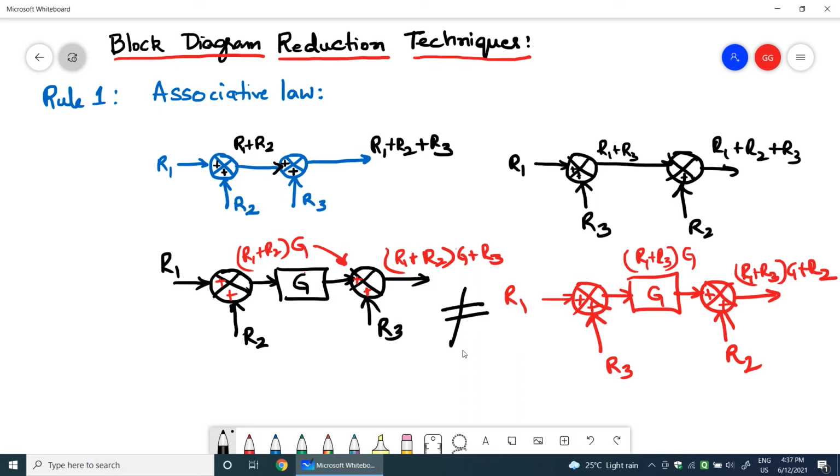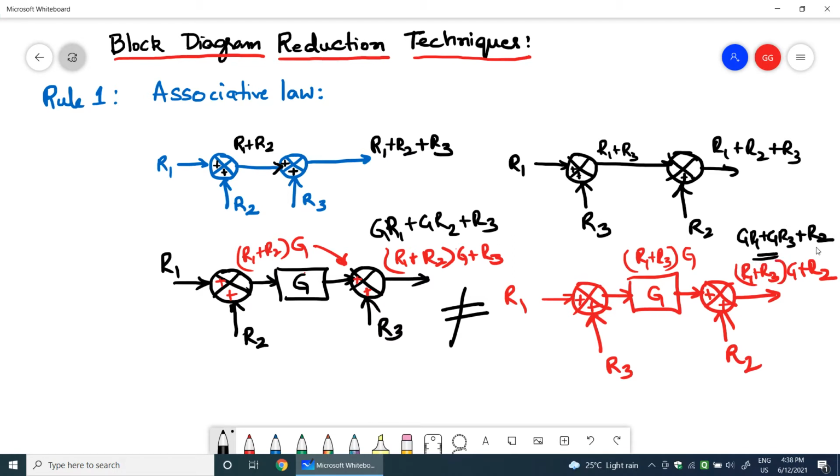So you cannot interchange the summing points when there is a block between two different summing points. If I expand, in the first case I get G into R1 plus G into R2 plus R3, whereas here you get G into R1 plus G into R3 plus R2. Here G is multiplied with R2 and R3 is not multiplied with G, whereas there G is multiplied with R3 and R2 is not.